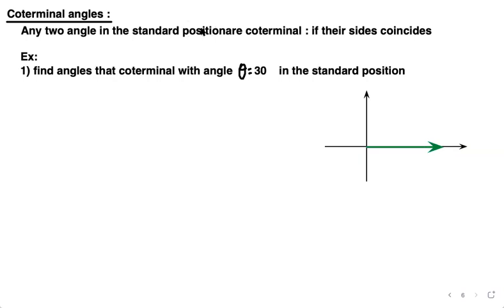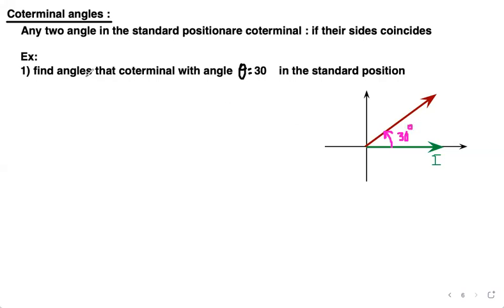So this is my initial side. The angle theta is less than 90. The angle 90 is here, the y-axis, but I need theta to be an acute angle, so it's supposed to be here. This is theta, and it is 30 degrees.